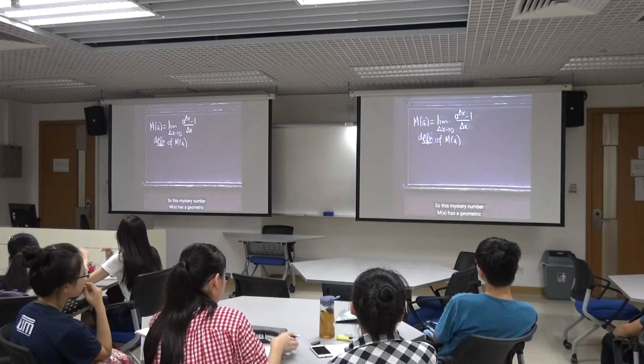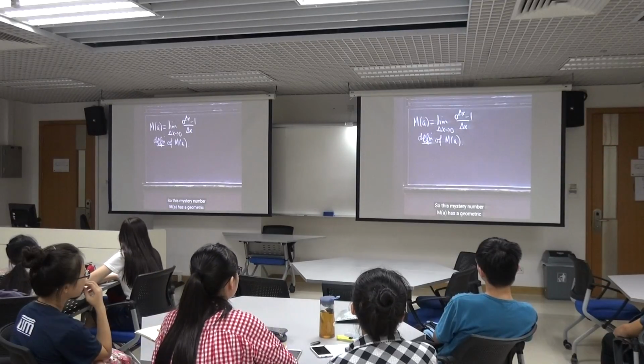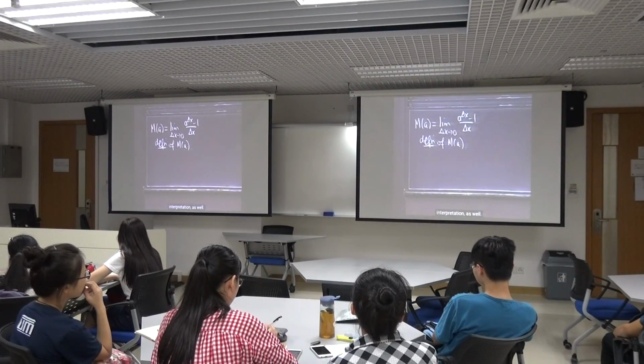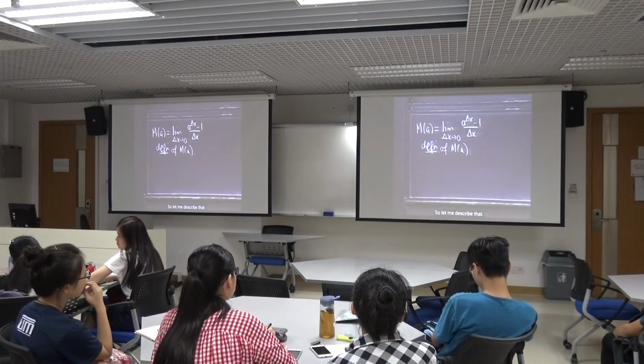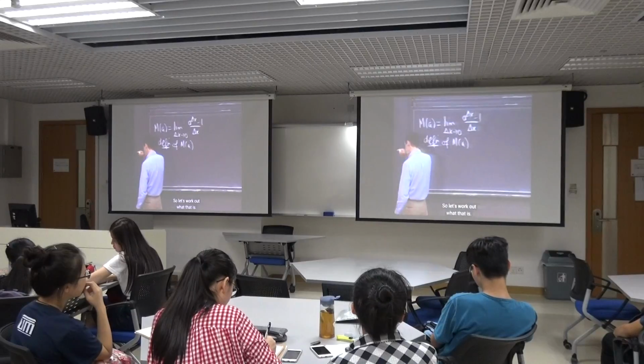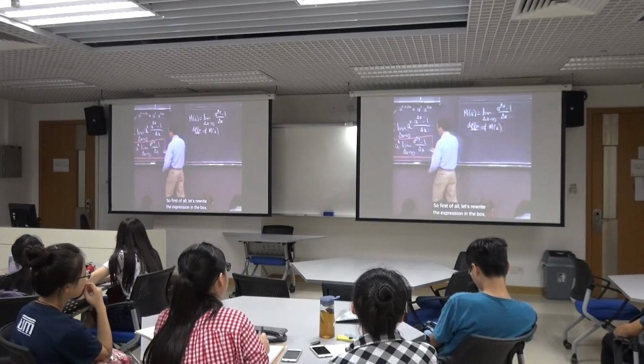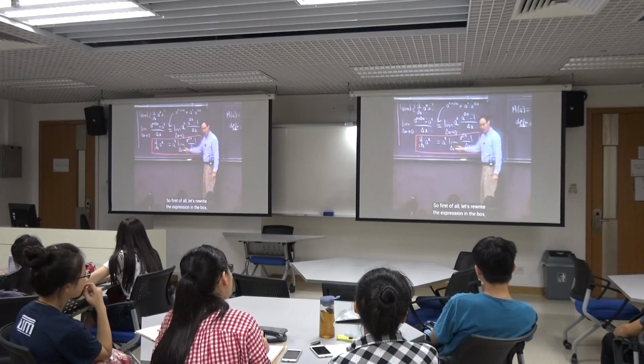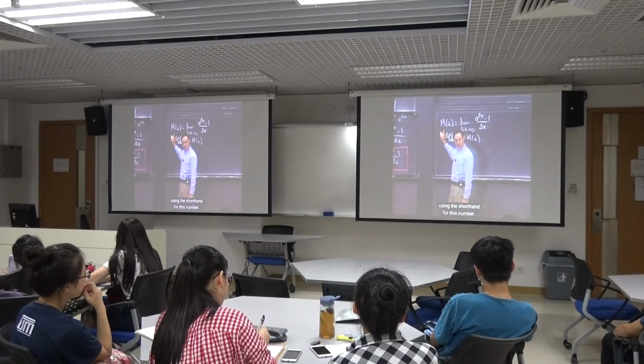So this mystery number, m of a, has a geometric interpretation as well. So let me describe that. It has a geometric interpretation, and it's a very, very significant number. So let's work out what it is. First of all, let's rewrite the expression in the box using this shorthand for this number.